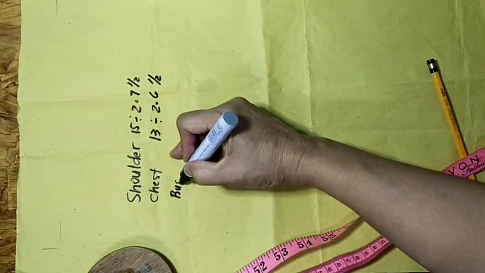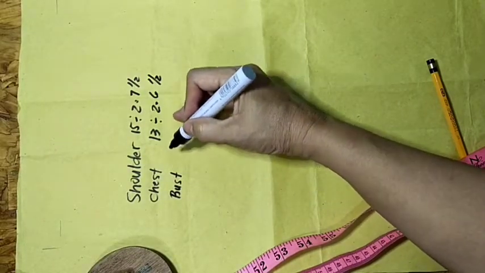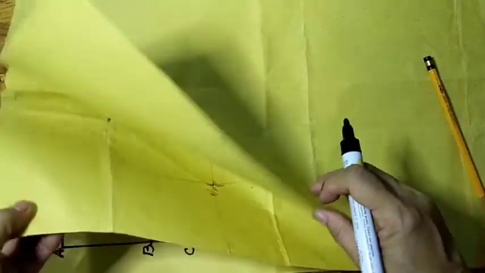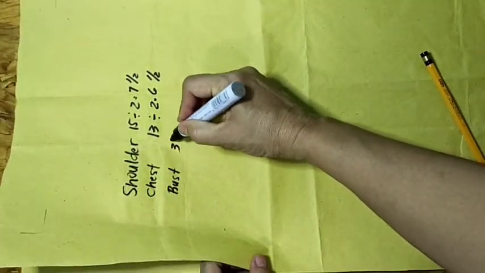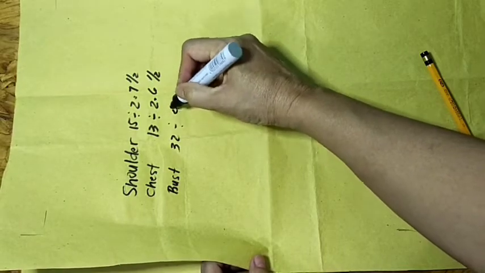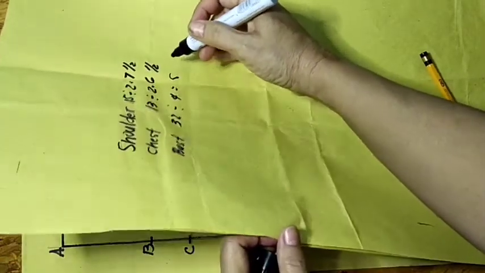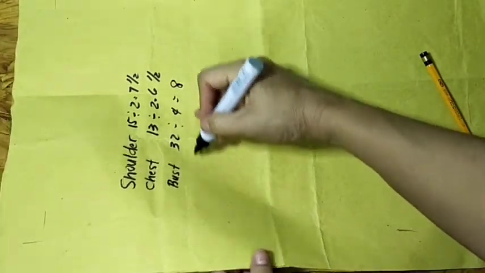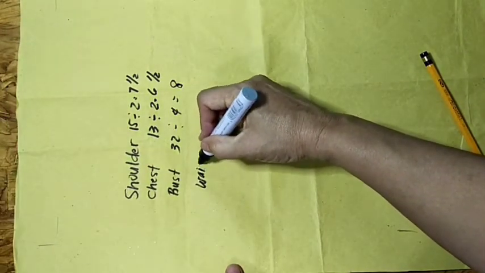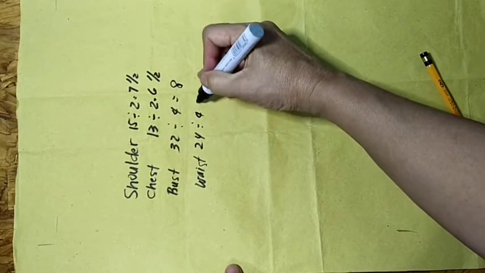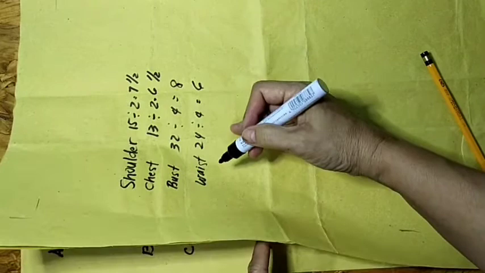Bust measurement for the bust is 32. Divide into 4, so we need 8. Waist 24, so divide into 4, it is 6.